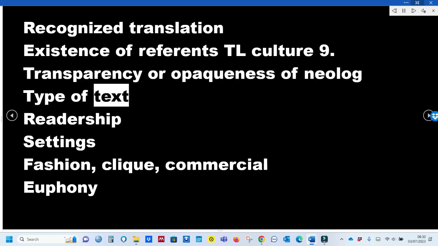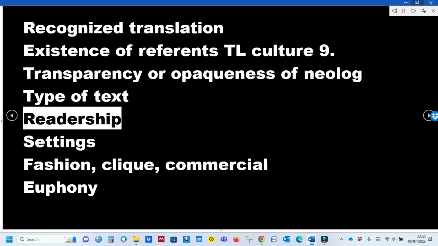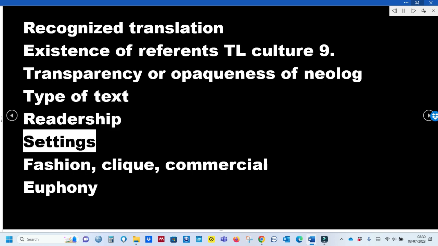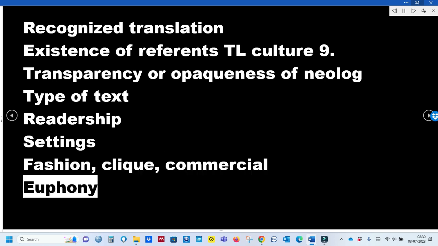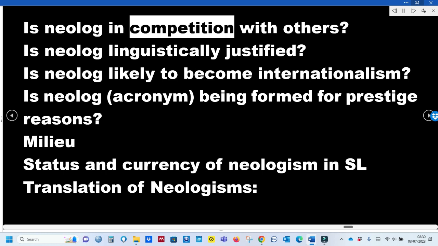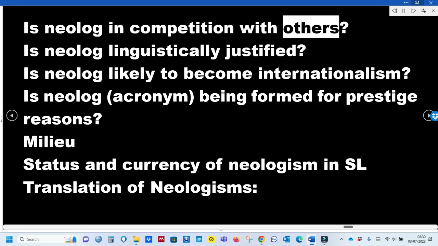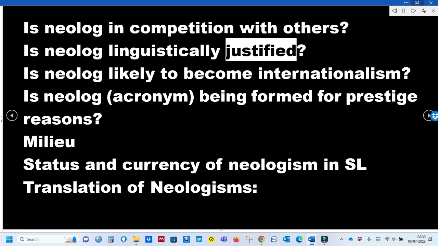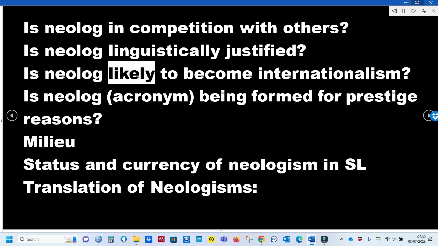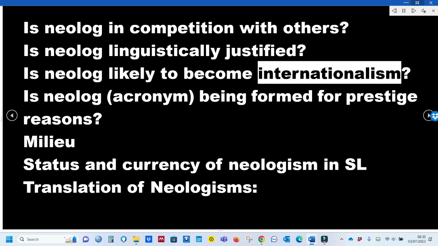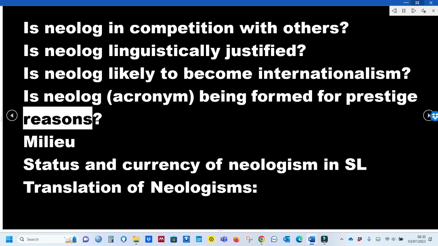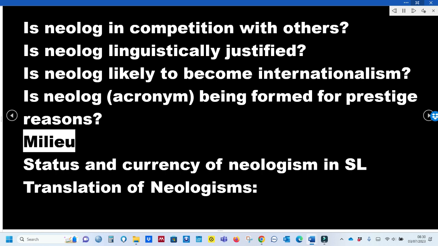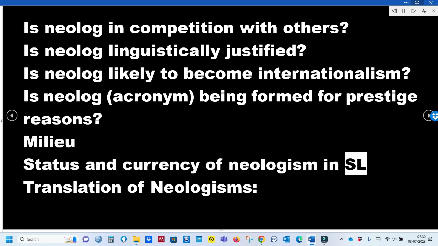Type of text. Readership. Settings. Fashion, clique, commercial. Euphony. Is neolog in competition with others? Is neolog linguistically justified? Is neolog likely to become internationalism? Is neolog acronym being formed for prestige reasons? Milieu. Status and currency of neologism in SL.